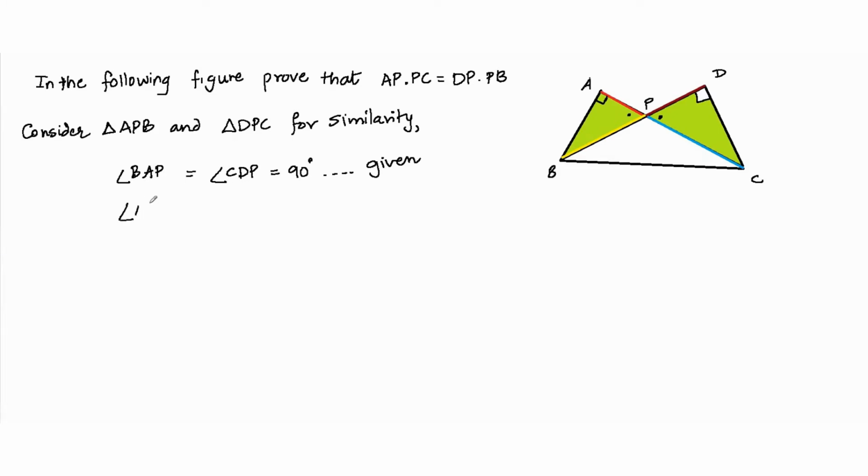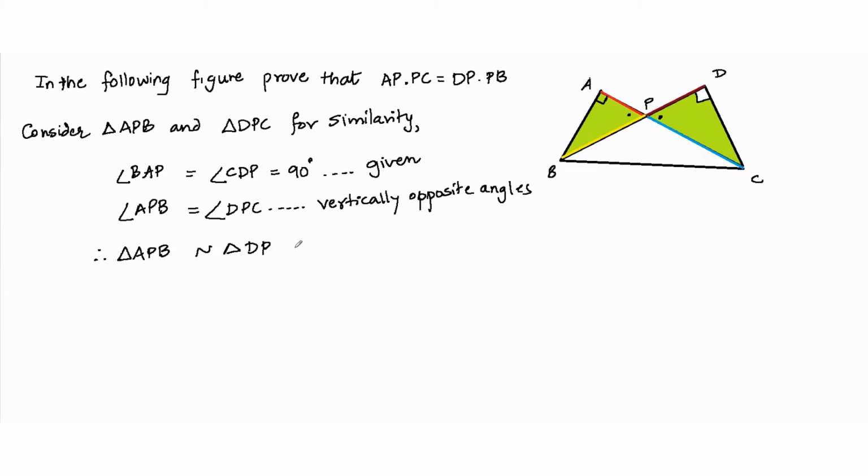Then I also have angle APB equal to angle DPC because these are vertically opposite angles. Therefore, I can say that triangle APB is similar to triangle DPC, where A corresponds to D, P corresponds to P, and B corresponds to C. So these two triangles are similar by the AA test of similarity.